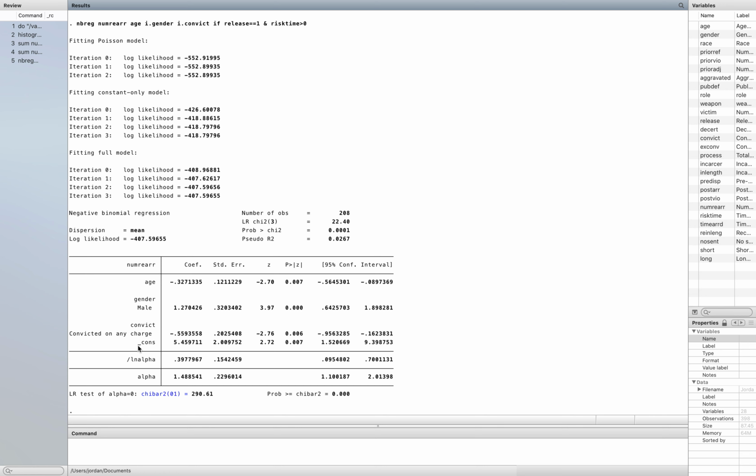Hope that makes sense. Your constant tells you the expected log count if all of your predictors are equal to 0. Remember, that's what the constant tells you: what's the value of the outcome? So in this case, the expected log count of the outcome if all your predictors are equal to 0, so 0 for gender is female, 0 for convicted means they were not convicted. 0 for age has no value in there because our lowest age in the data is like 14 or 15 or something.